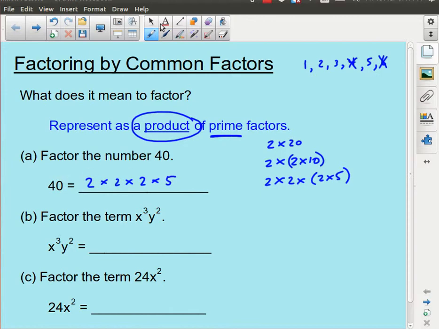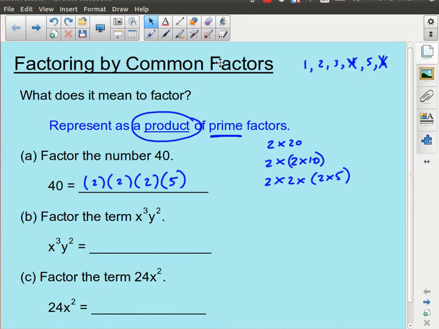Another way to write this is 2 2 2 times 5. The reason we want to avoid actual x's, multiplication signs, for product is that we're using variables, and quite often the favorite variable of mathematicians seems to be the letter x, certainly in high school, and so using x's, there's the potential for confusion here.